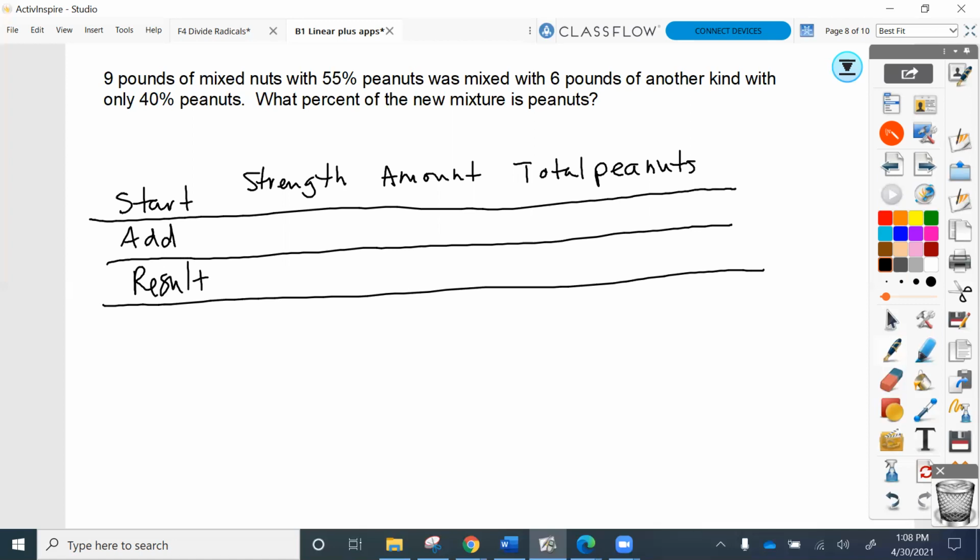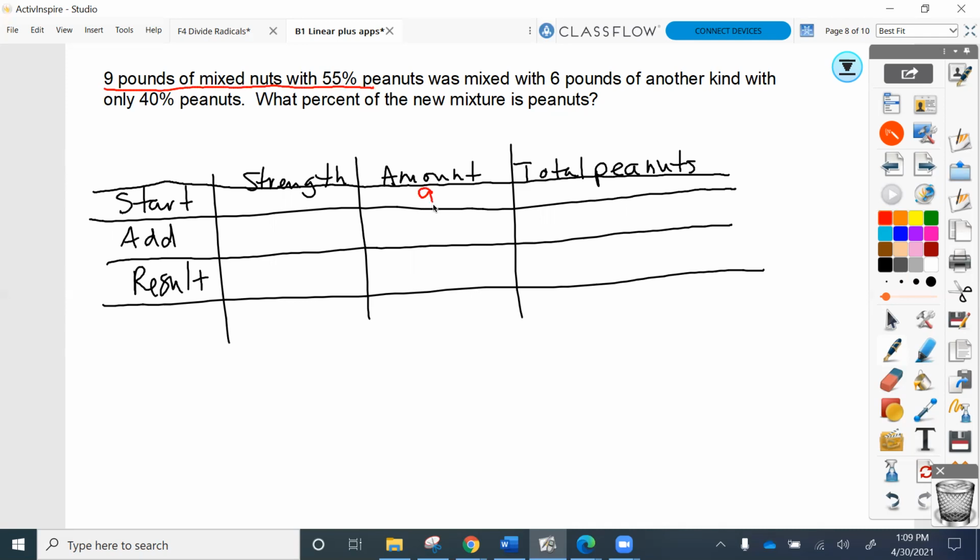Oh, I did that again. Okay, let's see. You can pause the video right now and see if you can fill in the table by yourself. All right, let's read it a little bit at a time. 9 pounds of mixed nuts with 55% peanuts was mixed with, so let's say that we start out with this, 9 pounds of mixed nuts.